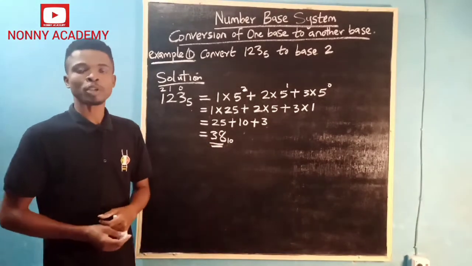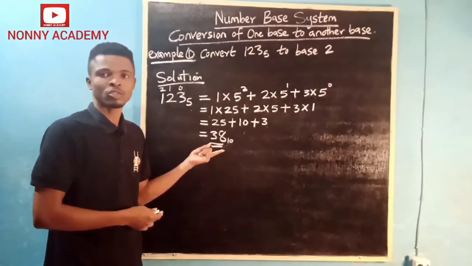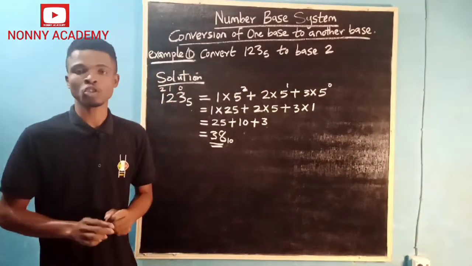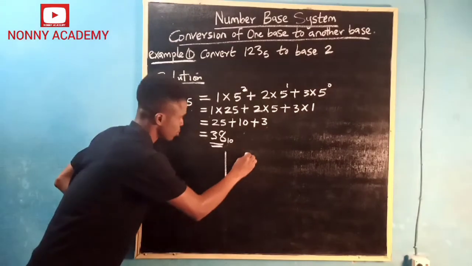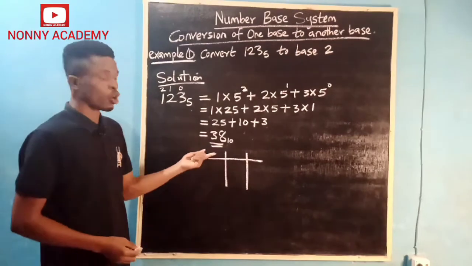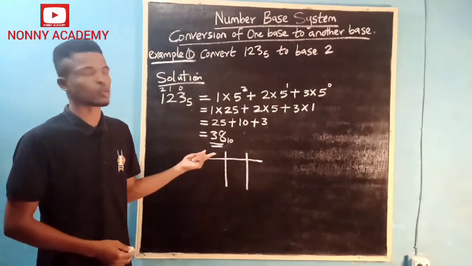The second step is to convert the number in base 10, which is 38, to a number in base 2 using the long division method. Now I will draw my long division table. In the first column, I will put 2, which is the base I am converting to.